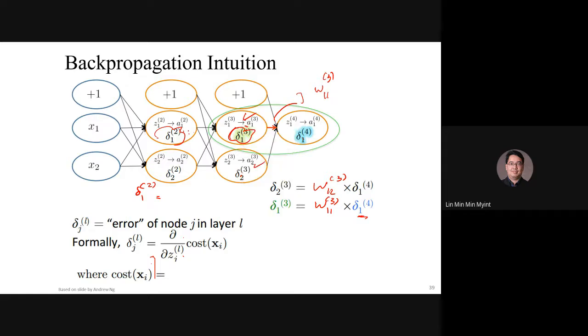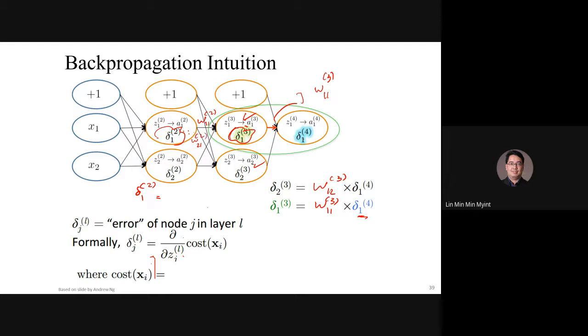To calculate sigma 1 layer 2, we have to consider these weights from layer 2, W 1 1 and W 2 1 of layer 2.